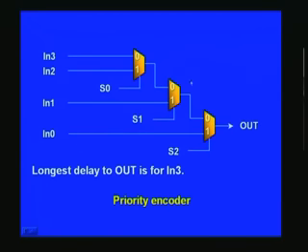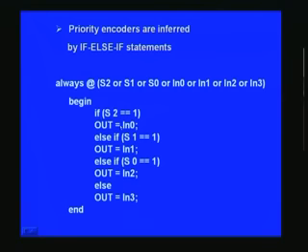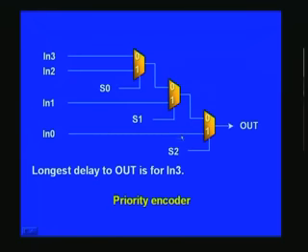So here you see that the very first if statement was for S2 as such, that's here, and this is the top priority as I mentioned. That means if S2 is 1, this input is straight away output here, right. So the gate delay as far as this input is concerned is only just from here to here.